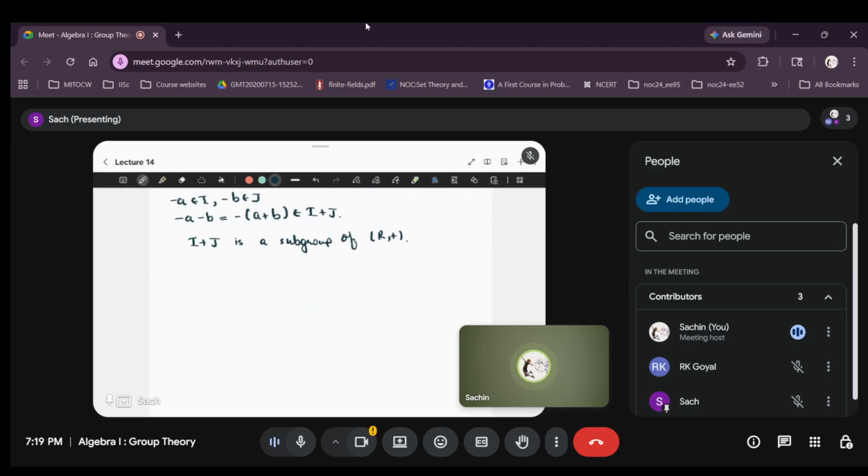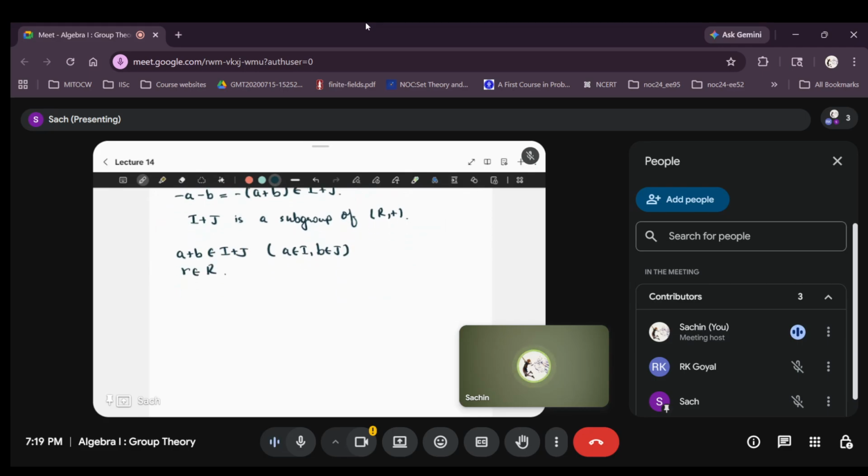The second property is that suppose A plus B belongs to I plus J, that is A is in I and B is in J. Let r be any element in the ring. r times A plus B is, by the distributive property, rA plus rB.